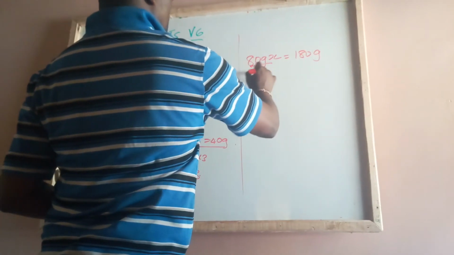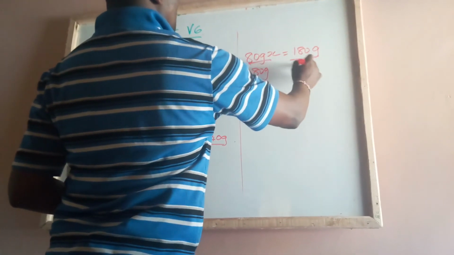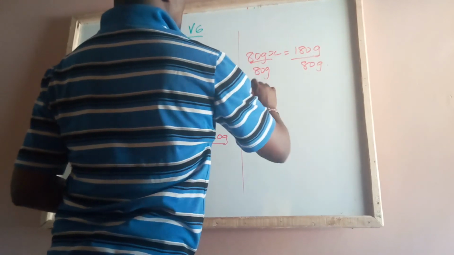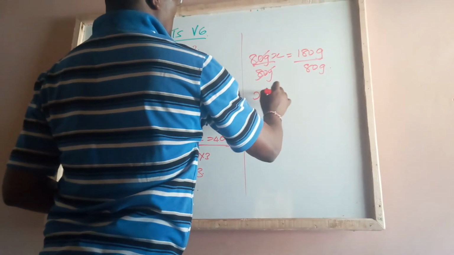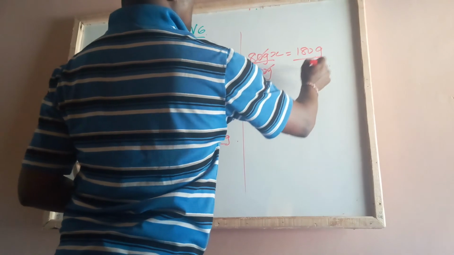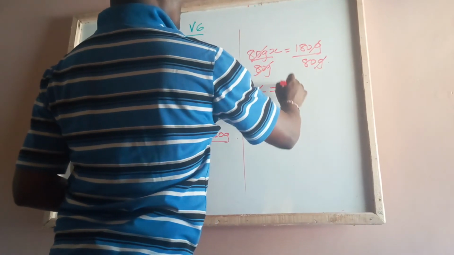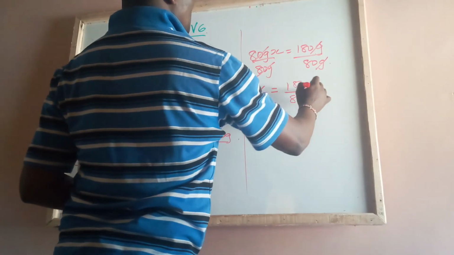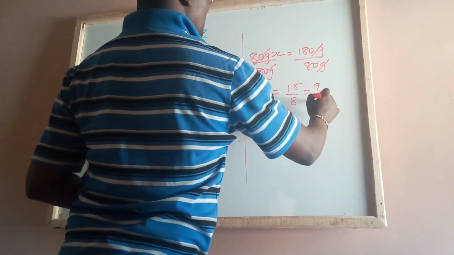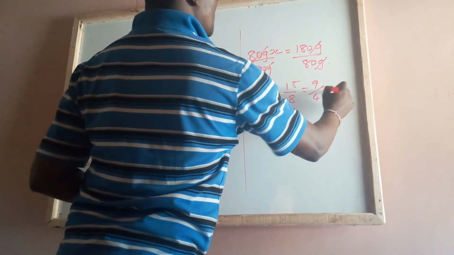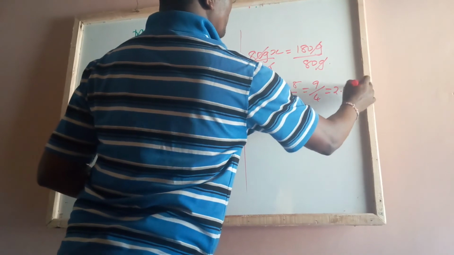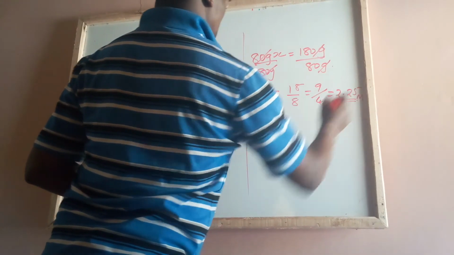Divide by 80G on both sides, then we can realize that our X is, of course, 18 over 8, which is 9 over 4, which is 2.25 meters.